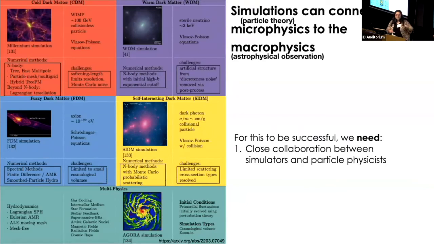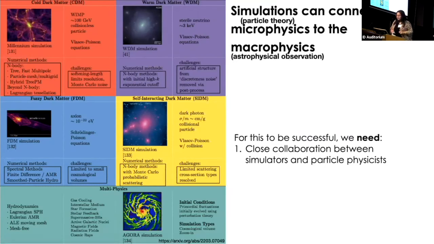It connects each to the particle theory driving that model, and it also addresses some of the challenges that we are currently facing. And what I also love is that we did not forget my favorite part, the baryons, right? So understanding the baryons, and doing code comparison tests like AGORA, are definitely a necessity.